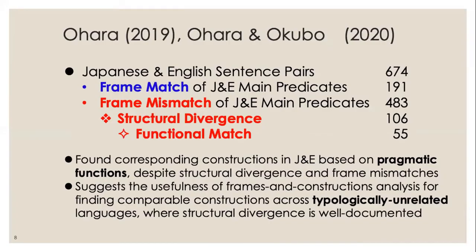So that work analyzed 674 pairs of sentences, and we identified the semantic frames evoked by the heads of source and target sentences and found 483 pairs of frame mismatches. And among the mismatches, 106 pairs exhibited structural divergence, and among these 106 structural divergences, 55 had the same function.